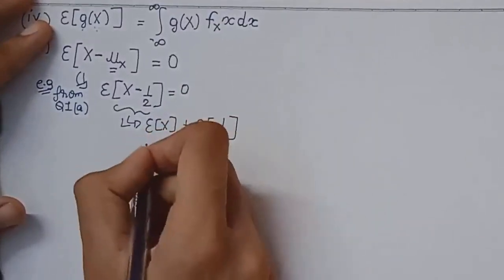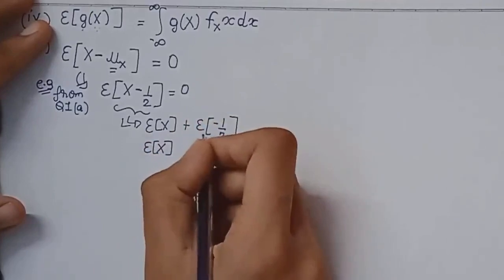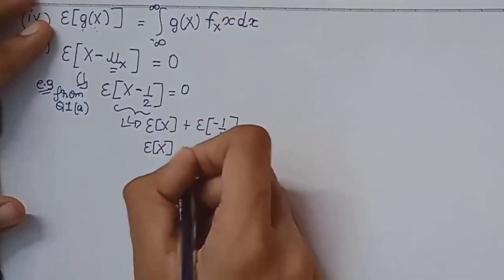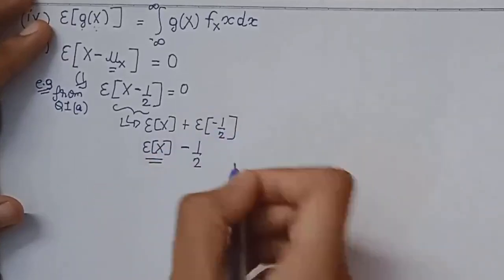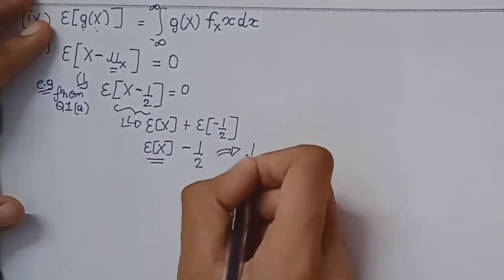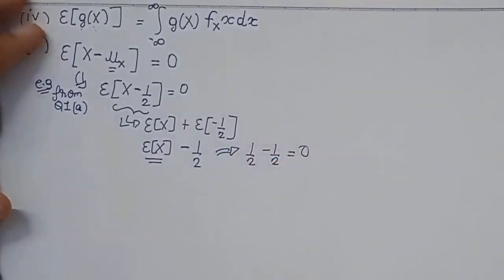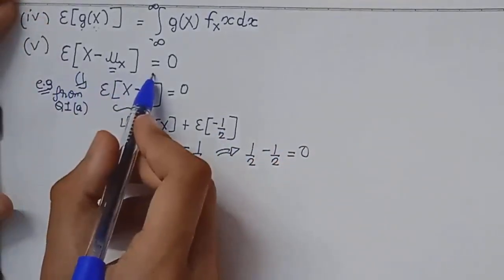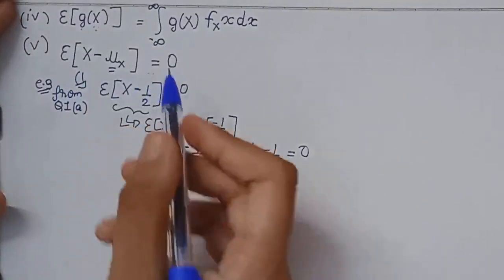Now expectation of x stays as it is, and expectation of minus half will be equal to minus half, and we have seen that expectation of x is equal to half, so it would be half minus half, which is equal to 0. So this property is basically derived from the generalized one that we have seen earlier.